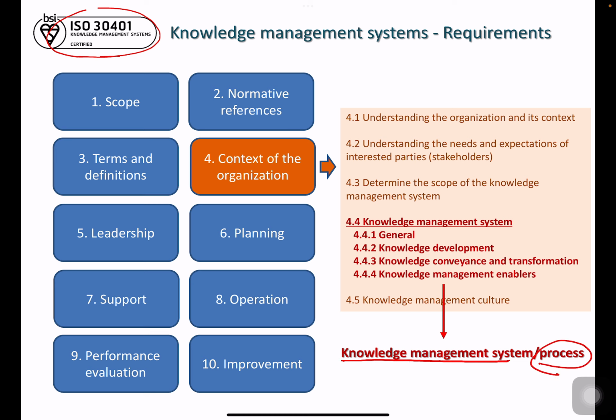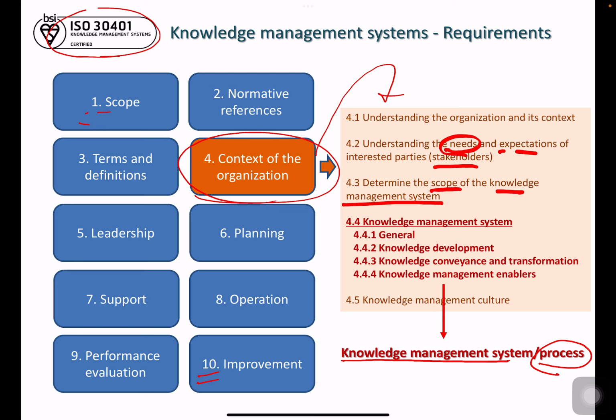It means that the knowledge management system based on ISO 30401 is about the knowledge management system and process. ISO 30401 has 10 components, but in this subject we focus on item number 4, which has 5 aspects. The first aspect is understanding the organization context. The second is understanding the needs or expectations of the stakeholders. Third, to determine the scope of the knowledge management system.